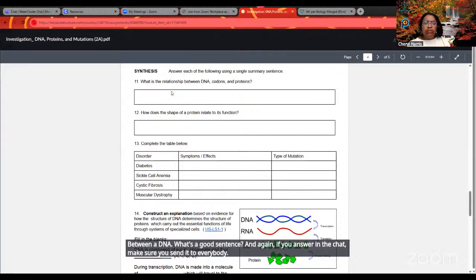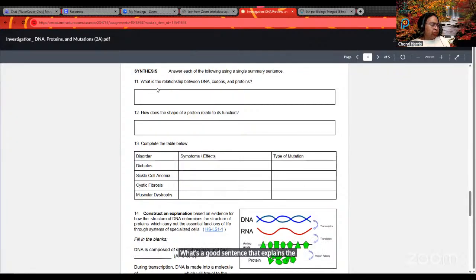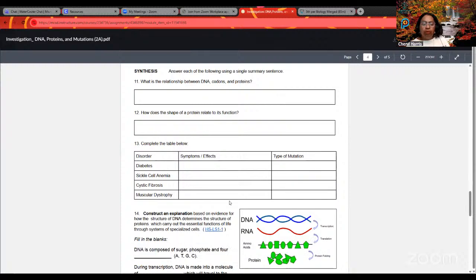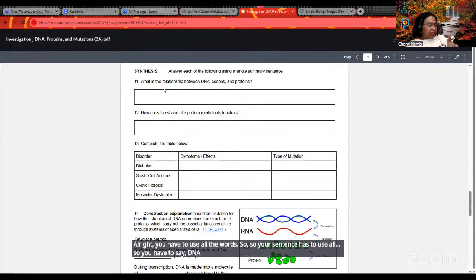What's a good sentence that explains the relationship? And this really is a summary. All of these questions are summaries. They give us unique features. All right, you have to use all the words. So your sentence has to use all. So you have to say DNA does this, and how is it related to the codon, and how does that relate to a protein?